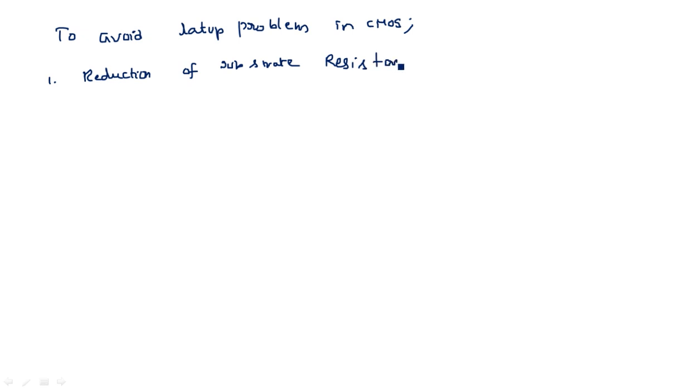And the second one is reduction of N-well resistance, R-well. Substrate resistance is nothing but R-sub. Okay, so the reduction of the N-well resistance, which is nothing but R-well. As we have two resistors, these two resistors can be reduced to reduce the effect of the latch up.